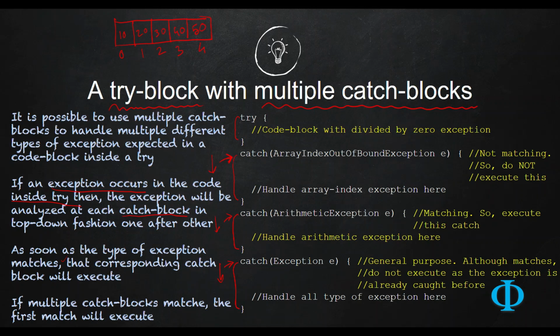And you want to divide the last two elements of the array, whatever they are. It may be 40 and 50, it may be 20 and 30, it may be 10 and then 0, or whatever it is. So here there are two types of exception that you can expect.